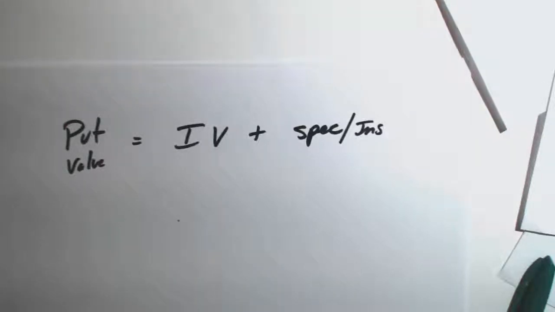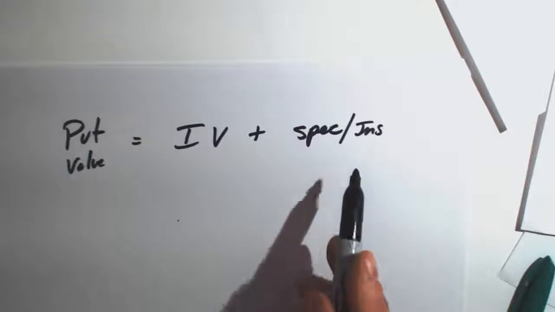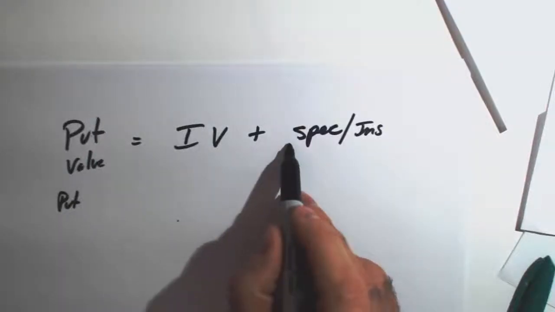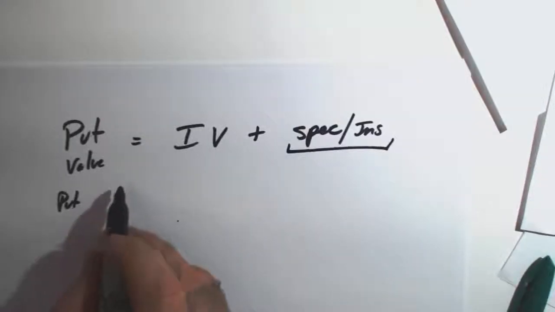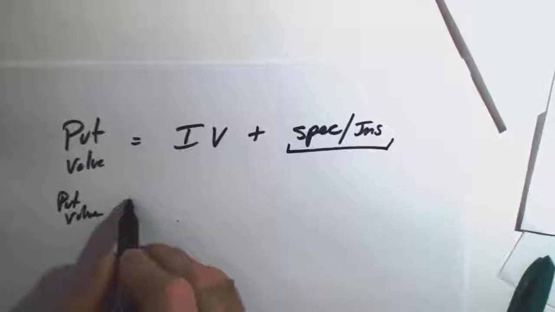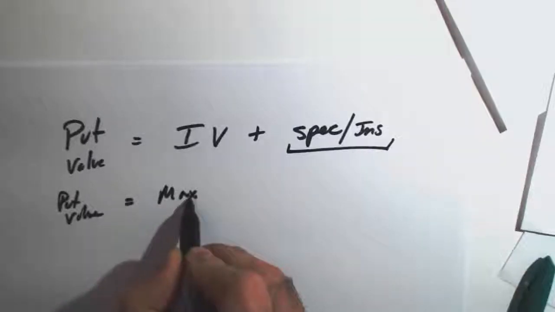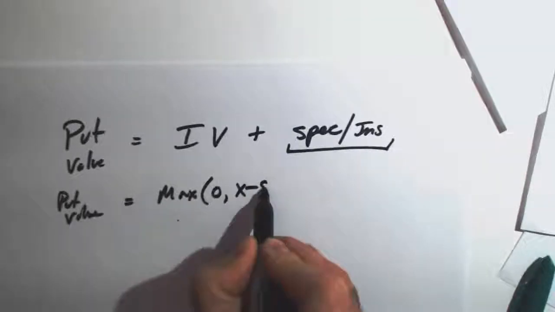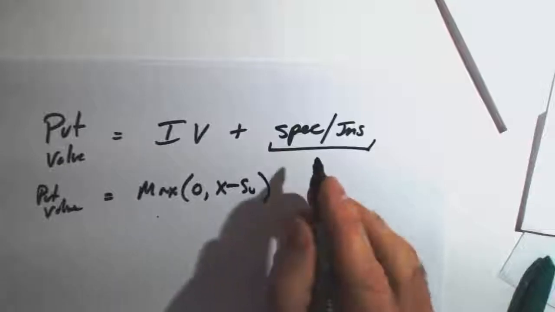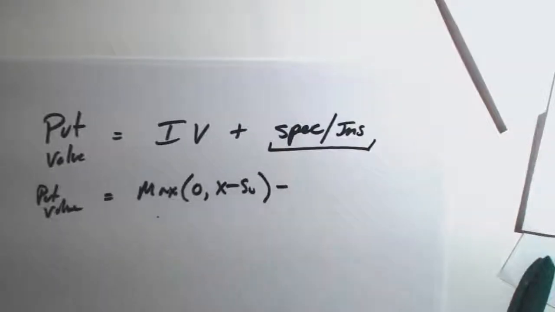Okay, so now let's continue with the put here. A put has an intrinsic and a speculative value, but I'm going to decompose that by breaking this out. So I'll look at a put value, and I'm going to say it's the maximum of 0 or X minus S0. I'm not really distinguishing between American and European here.